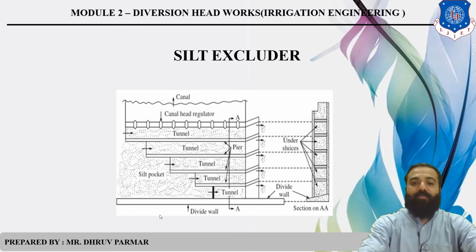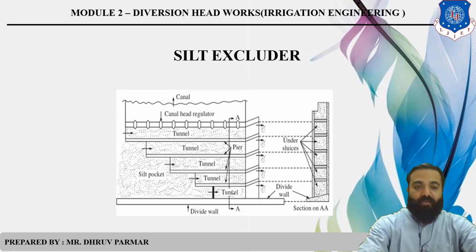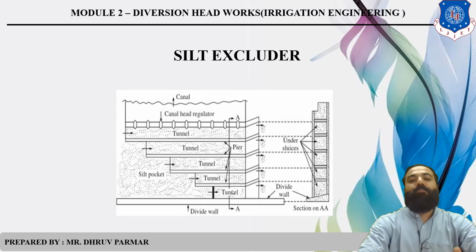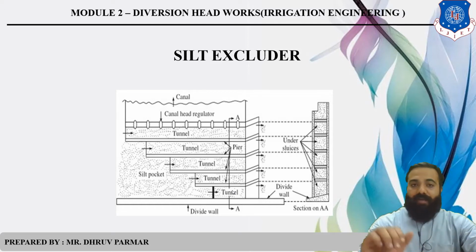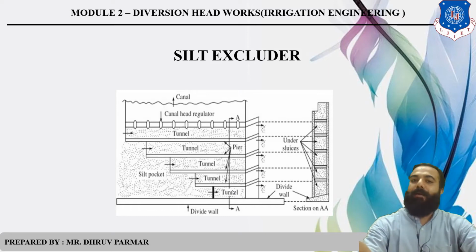There are different types of tunnels provided. Near the divide wall, the tunnel length is small. As you go towards the CHR, the tunnel length increases. When water flows through the tunnel, the specific gravity of silt is very high as compared to water.